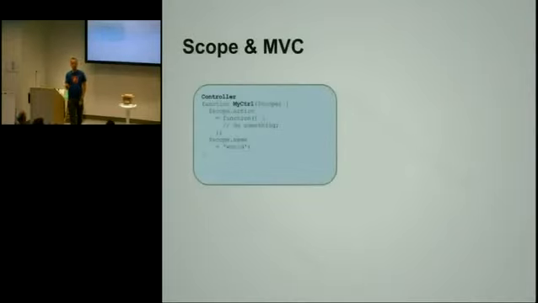If you've written any Angular applications, you must have come across reference to the scope object. So this is an example of a simple controller. We have a my controller, which asks through dependency injection for $scope, which is a scope object for this controller. And then we attach an event handler and a simple model to the scope.